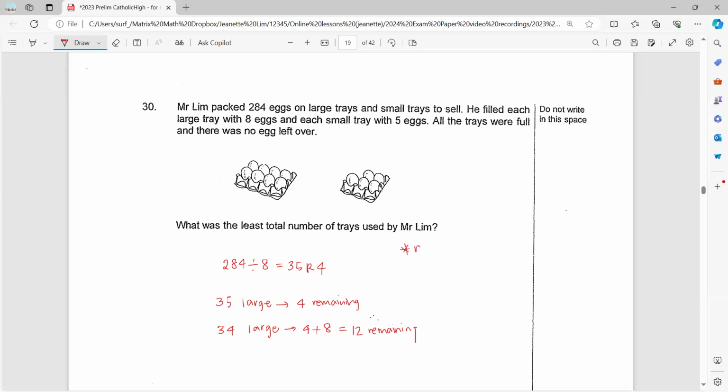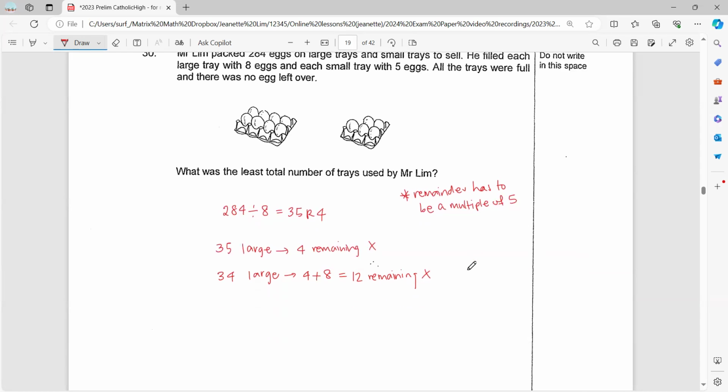So the remainder has to be a multiple of 5. So this one, no. This one, no. Keep going. So 33 large. We're going to add another 8 from the large. You get 20. 20 remaining. So yes, this is what we want. 20 remaining is a multiple of 5.